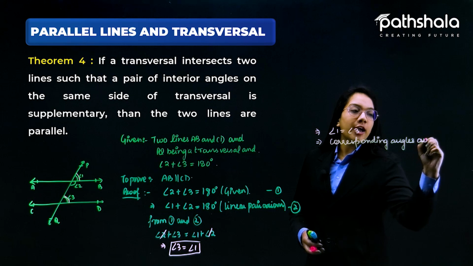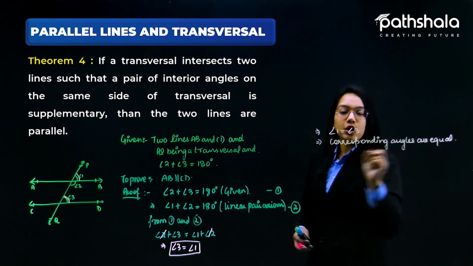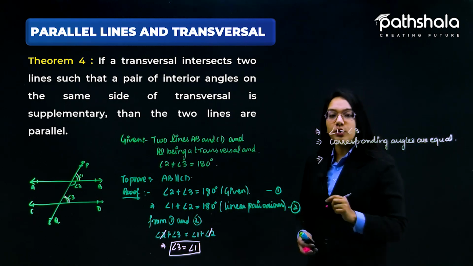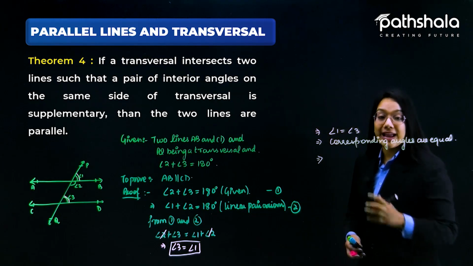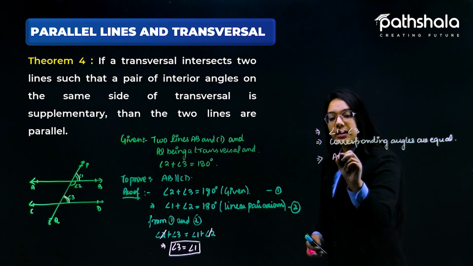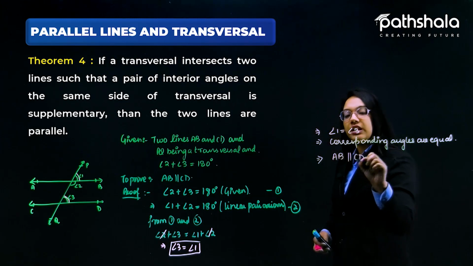So the corresponding angles are equal, and if the corresponding angles are equal to each other, it implies by the converse of the corresponding angles axiom that AB is parallel to CD.